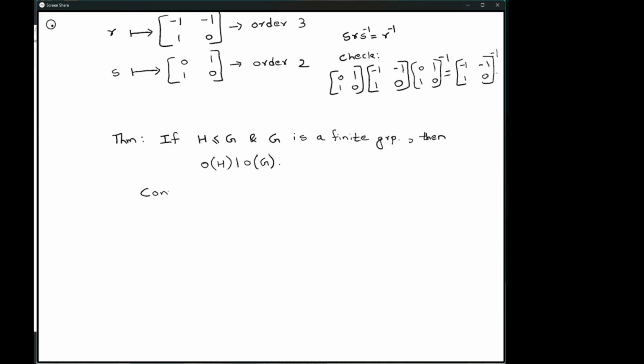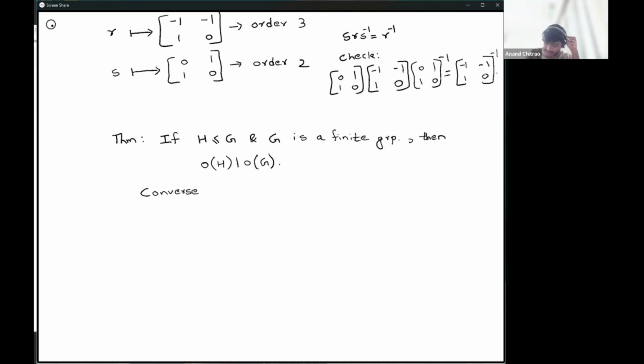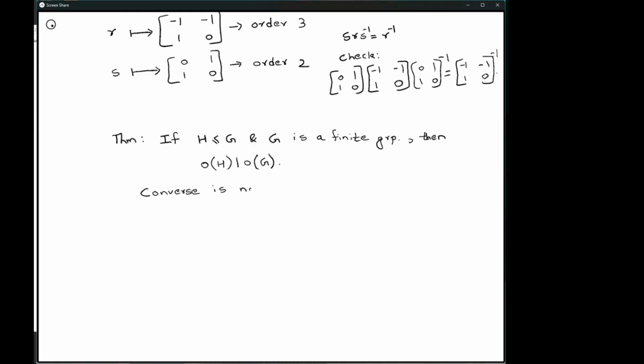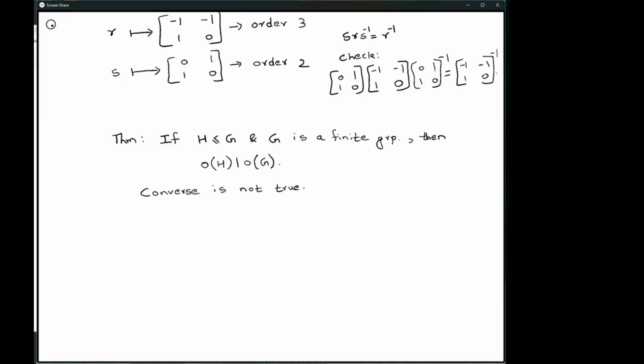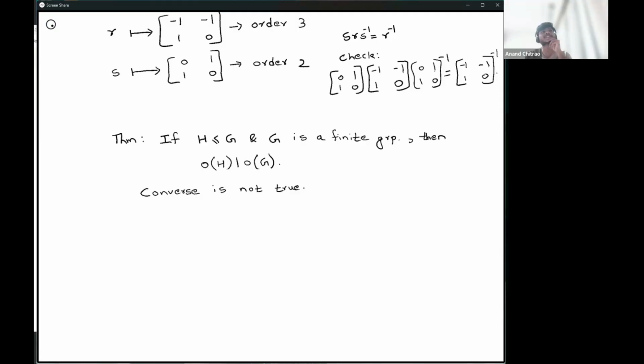Yes, sir. What is the answer? So it's Klein's 4 group having order 4, but there is... Sir, A6. A6. What's the subgroup of A6?